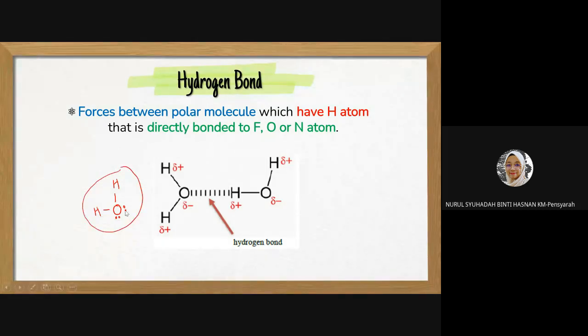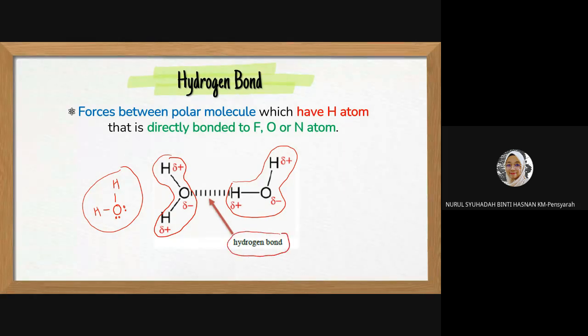So, since kita ada hydrogen bonded to oxygen, there will be a hydrogen bond between one hydrogen atom dekat sini, with another H2O molecule dekat sini. Jadi the attractive force between hydrogen atom and oxygen atom dekat sini akan hasilkan kita punya hydrogen bond.